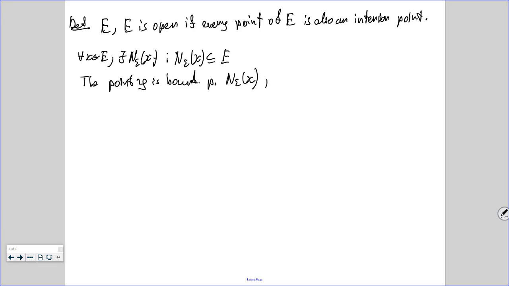If we get rid of those points, then we will get a smaller set composed entirely of interior points. Let's define what these points are. Again, we have set E of real numbers. Then the interior of E is the set of all interior points.